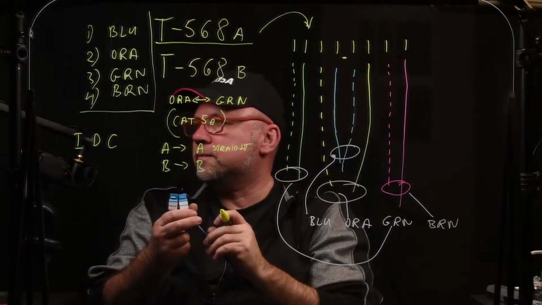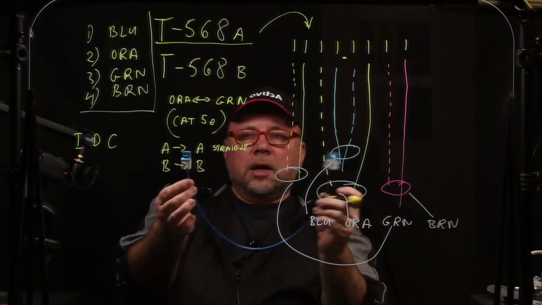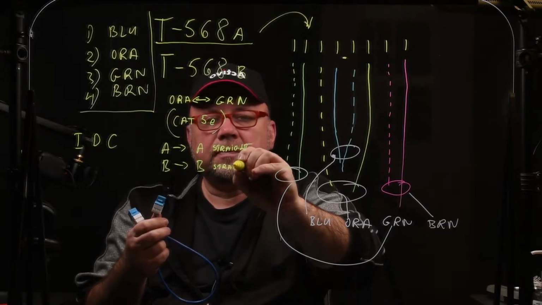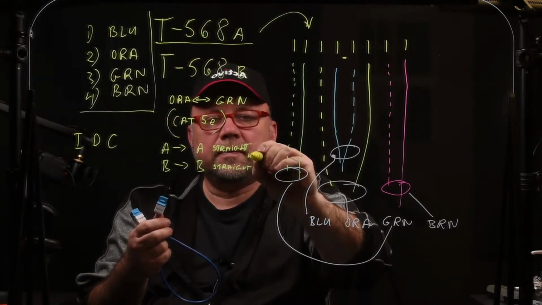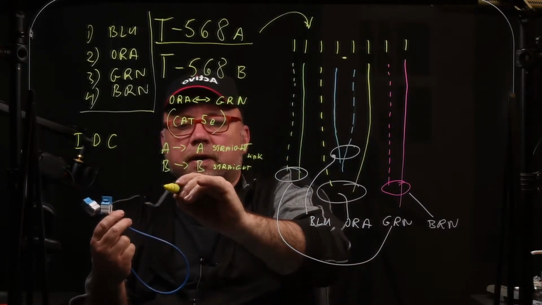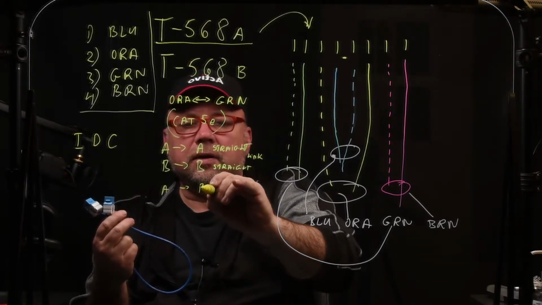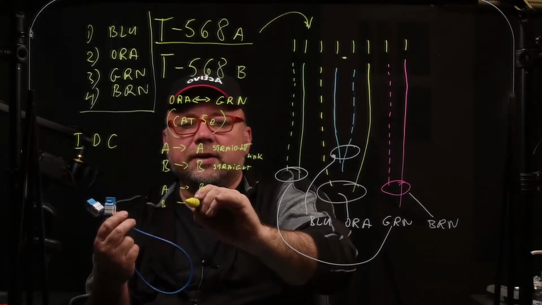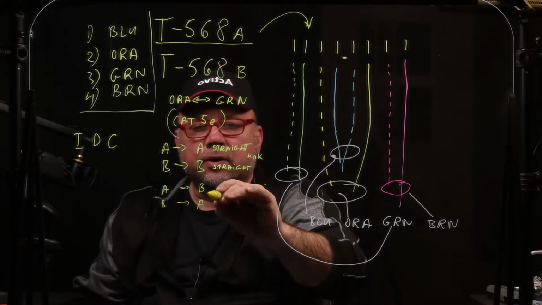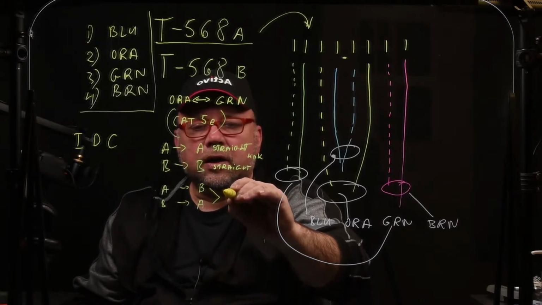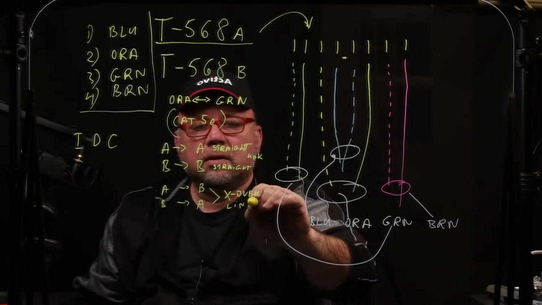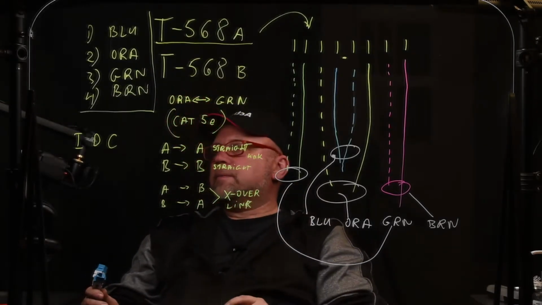If you have B to B, you also have a straight link. Now, if you have A on one side and B on the other side, or B on one side and A on the other side, then you are doing something that is called a crossover link.